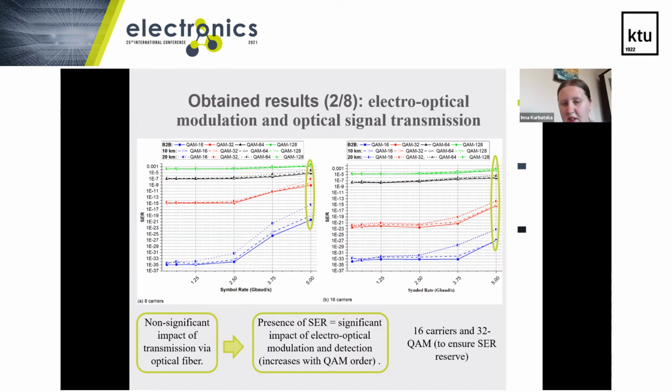So we see the first significant impact factor. Also from these results, we defined the signal we will use for further research. We took 32 QAM and 16 carriers because here we see sufficient reserve to continue our investigation.